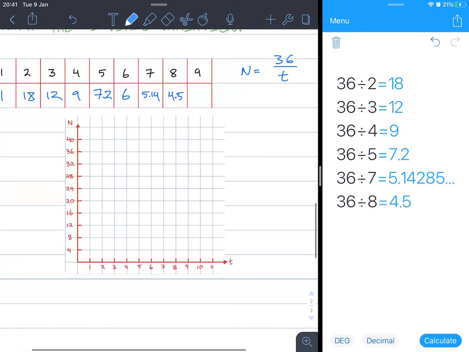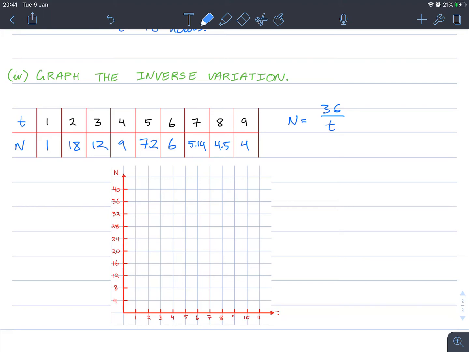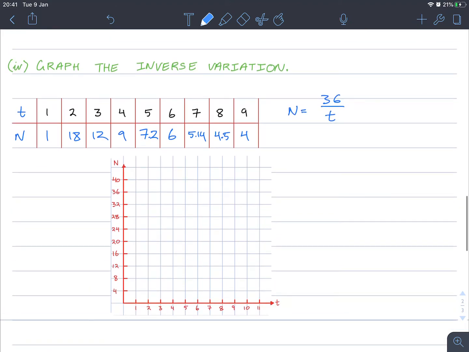And 36 divided by 9 is going to be 4. Sorry, I totally messed up here. The first one should be 36, not 1. 36 divided by 1 is 36.